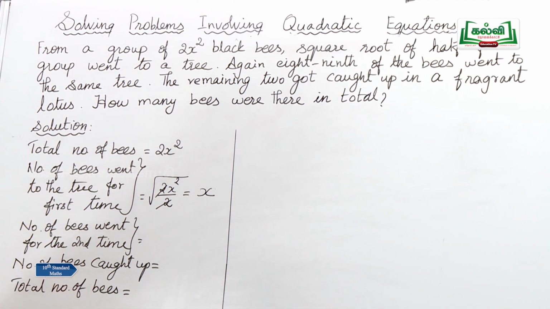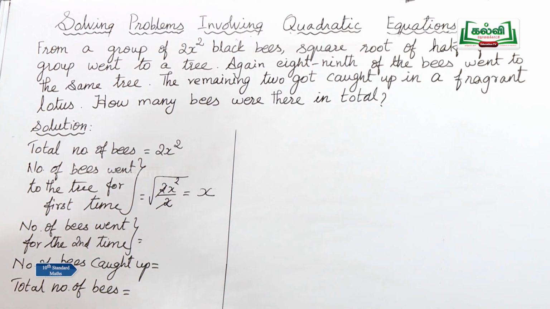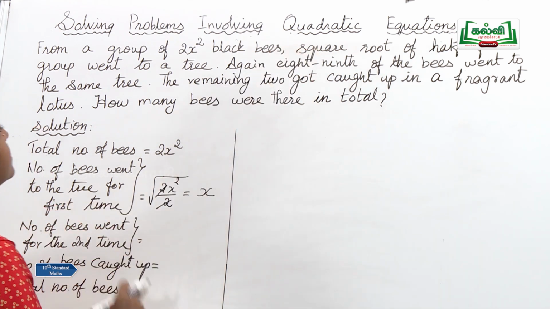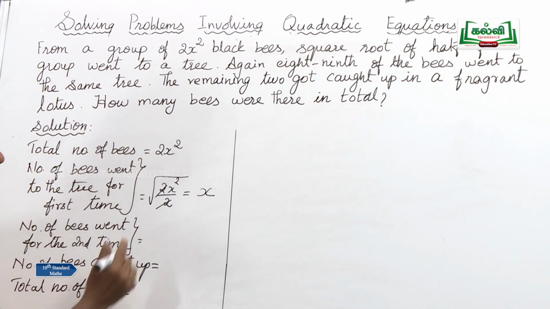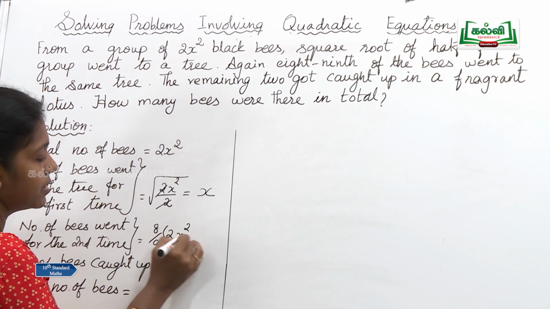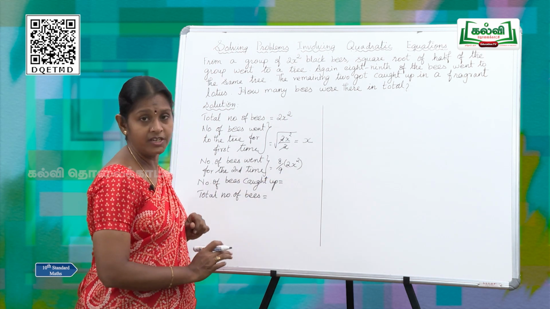X. Next clue, number of bees that went to the tree the second time. Again, 8/9 of the bees went to the same tree. 8/9 of the bees, that means 8/9 of 2x squared, right?